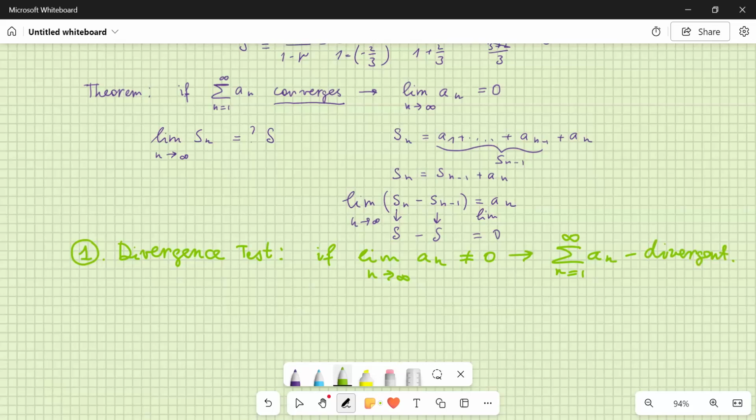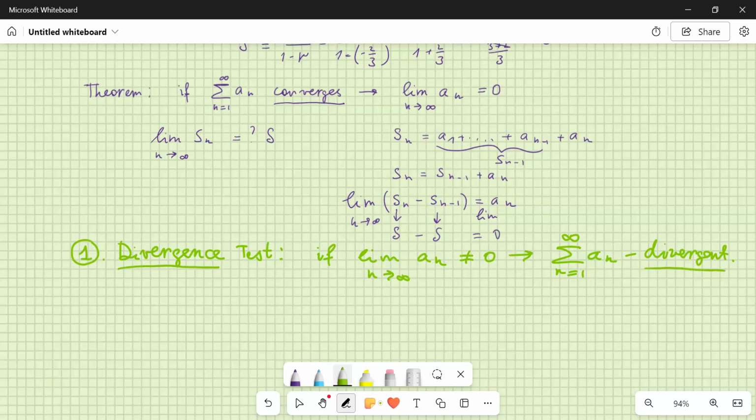Why do we call it the divergence test? Because this test can only specify that a certain series is divergent. If you apply the test, your final words are going to be divergent. You cannot apply the test and say that something is convergent.